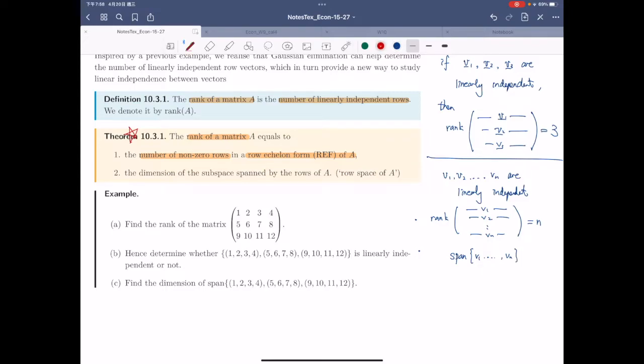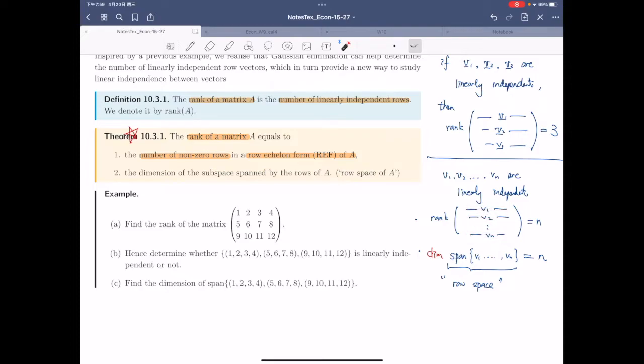The dimension is also n. And what this theorem tells you is that these two quantities always equal. The rank of a matrix and the dimension of the subspace spanned by the rows are always equal. In the literature, this space is usually called the row space of the matrix, because it is the subspace spanned by the rows of the matrix.